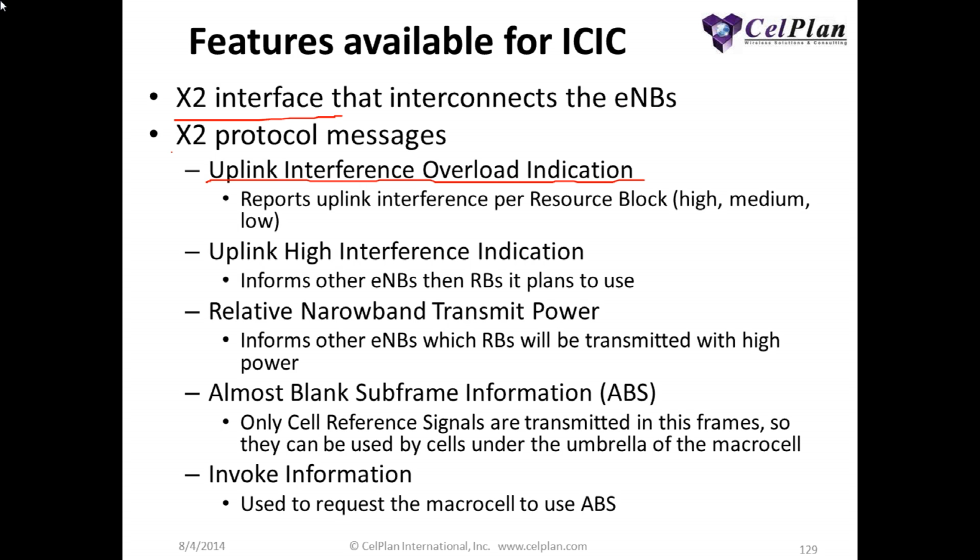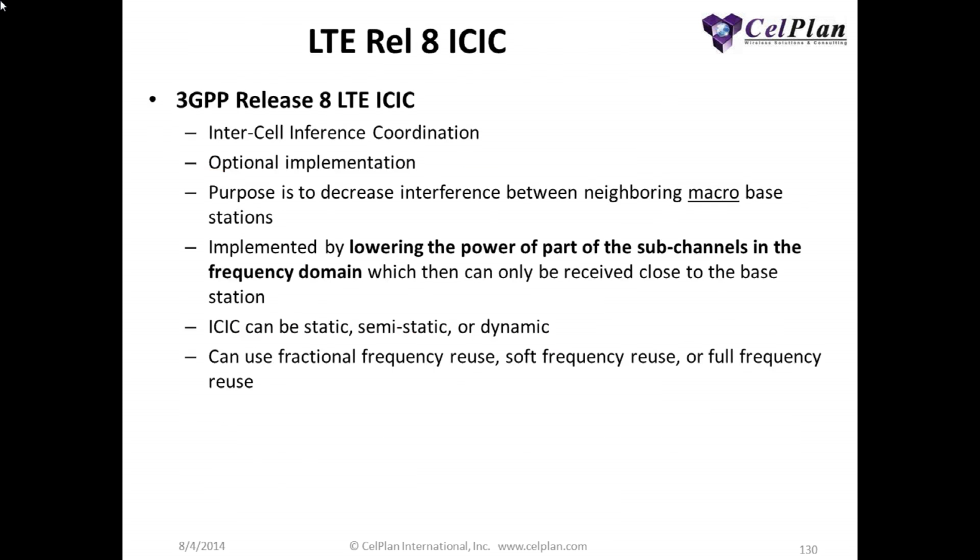Another one is uplink high interference indication, relative narrowband transmit power, almost blank subframe information, ABS, and invoke information. So basically, the 3GPP didn't solve the issue. It says, okay, you vendors and operators, do whatever you want. I am giving you just some extra information that you can use.